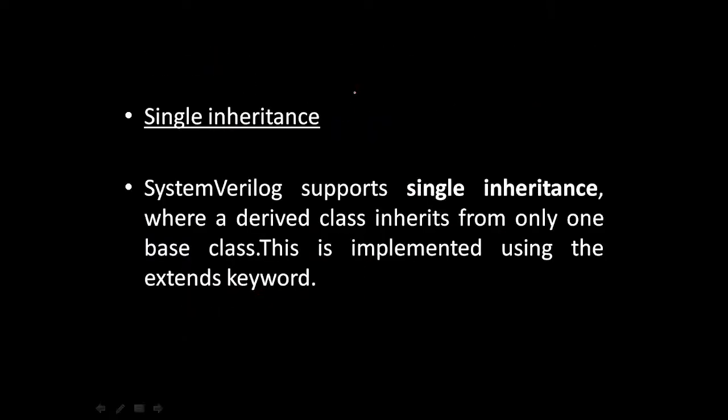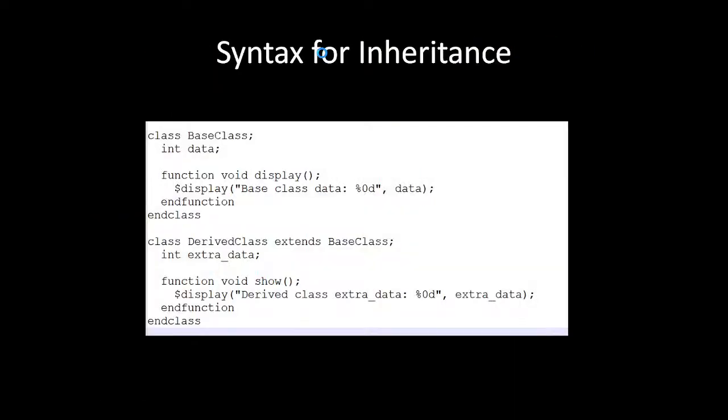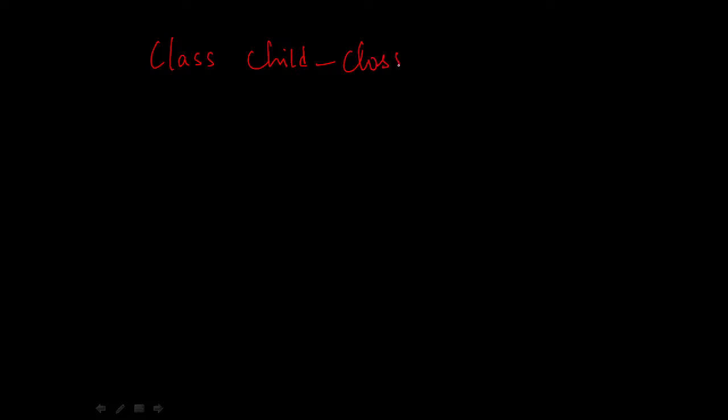If we want to create a child class of a particular parent class, we will use class child_class extends parent_class. So this is how we are going to extend, or derive, a child class from a parent class.